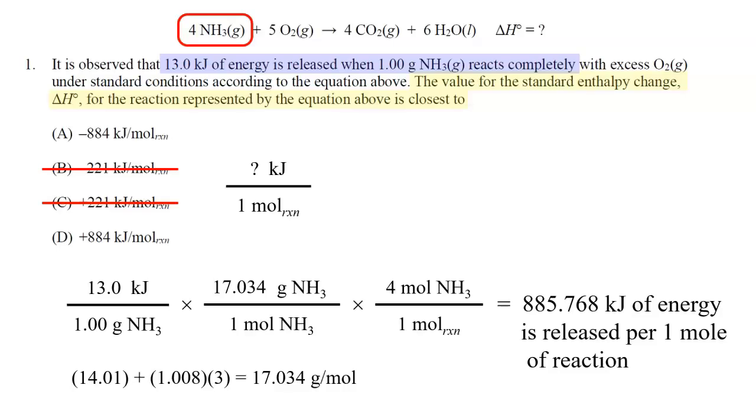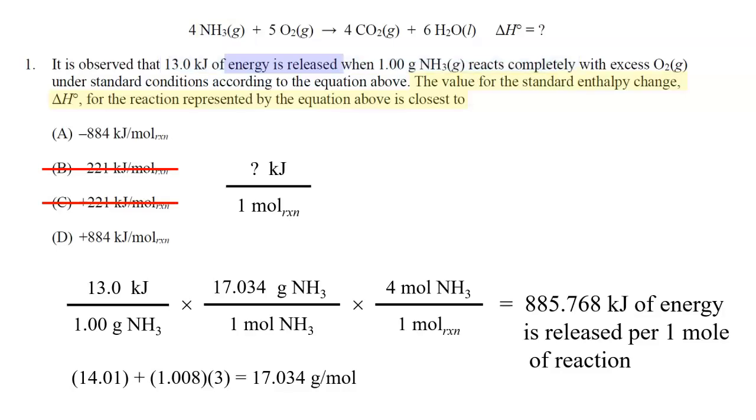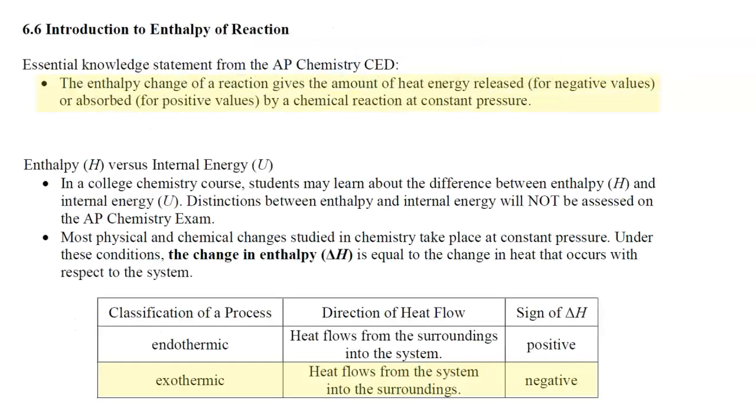Now we need to consider what should the sign of delta H for this reaction be. We do know that energy is released in this reaction, and in topic 6.6, we learned that when a reaction is exothermic and releases energy, the sign of delta H for that reaction will be negative.